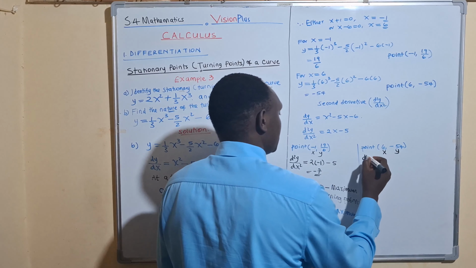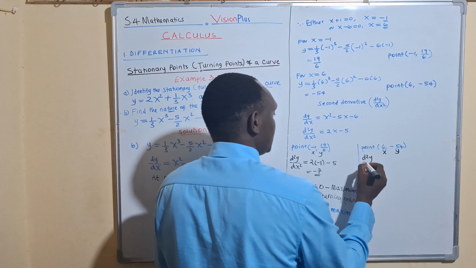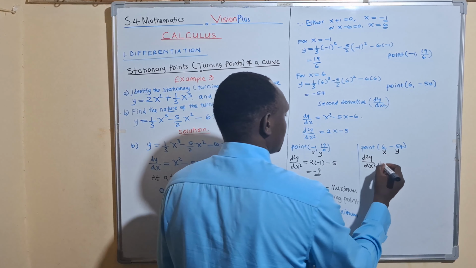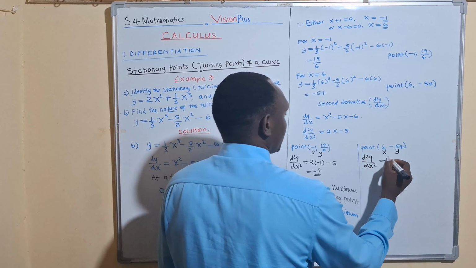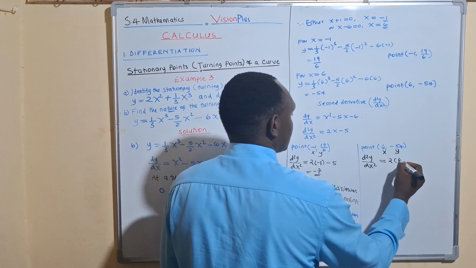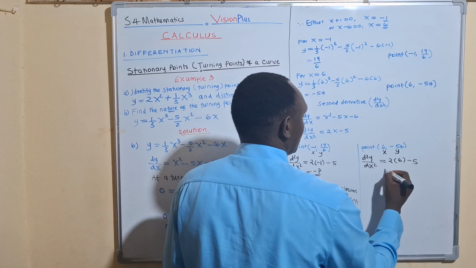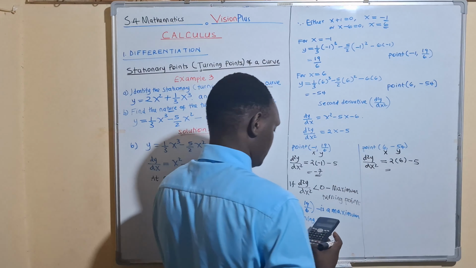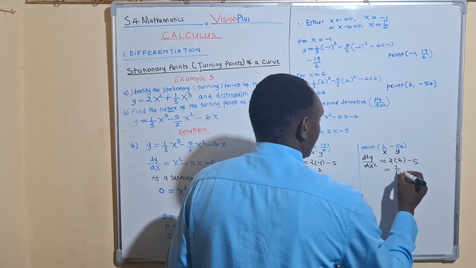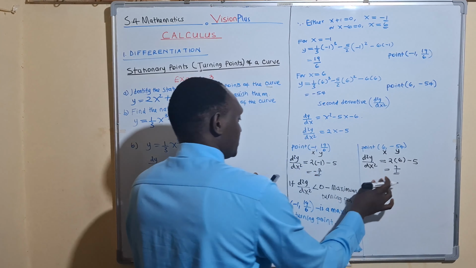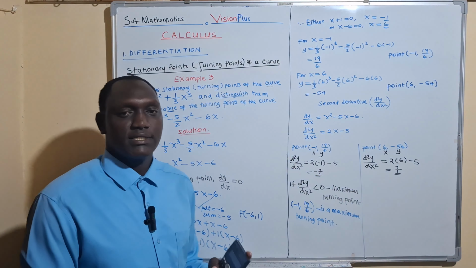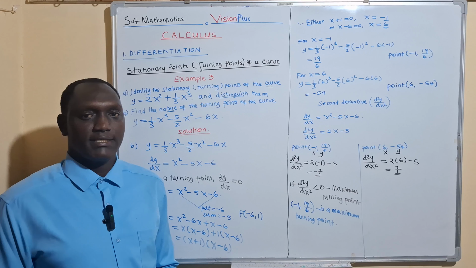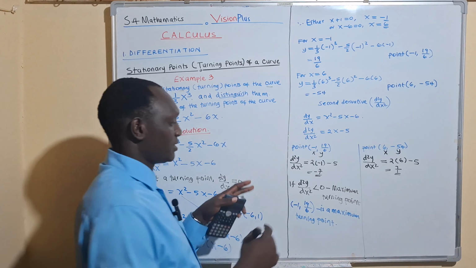We use the same second derivative to test, substituting for x. So we have 2 times 6 minus 5. 12 minus 5 is 7. After getting 7, you ask yourself, is 7 more than 0, equal to 0, or less than 0? 7 is more than 0.